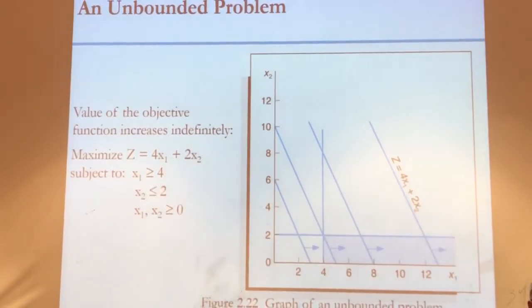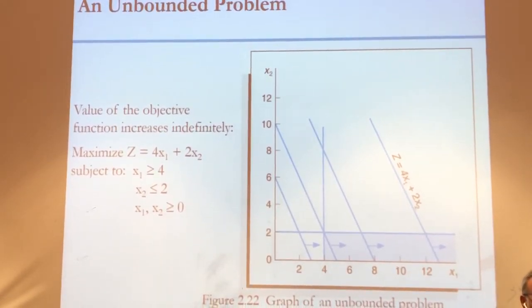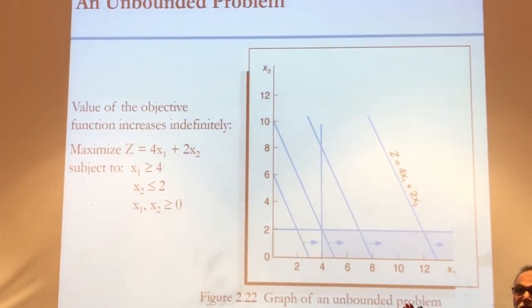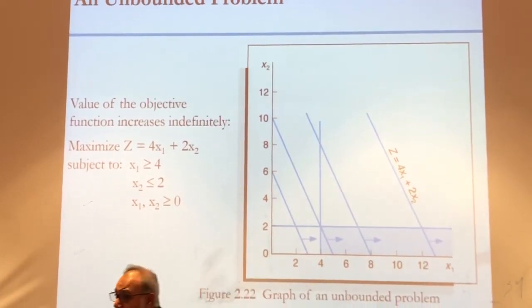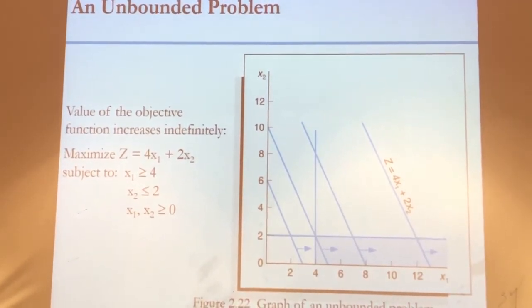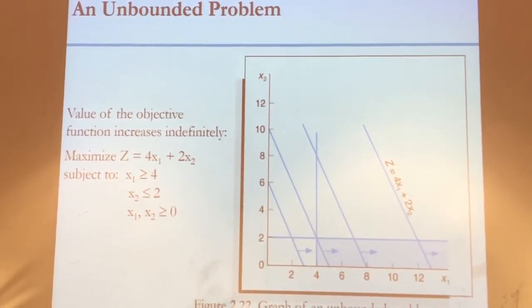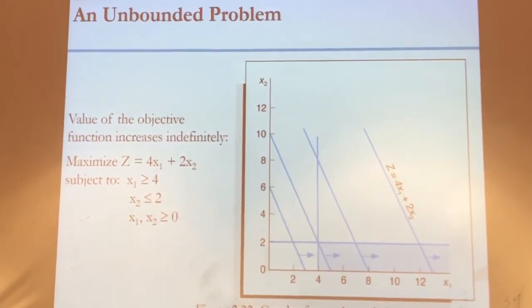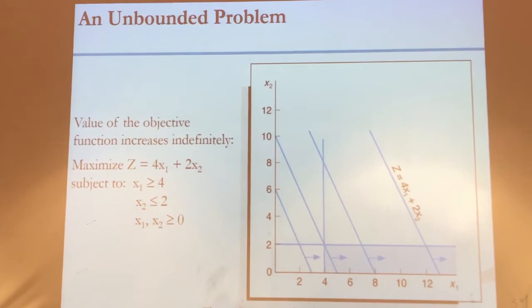It means some constraint is missing. Unboundedness is there. The region is not bounded. If the region is not bounded, of course, you can make your profit infinite. And this kind of problem occurs only in maximization problems, not in minimization problems. You can move your isoprofit line away, and there is no boundedness. Clear?